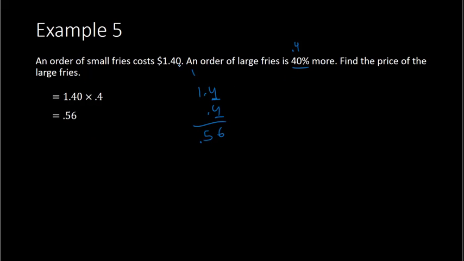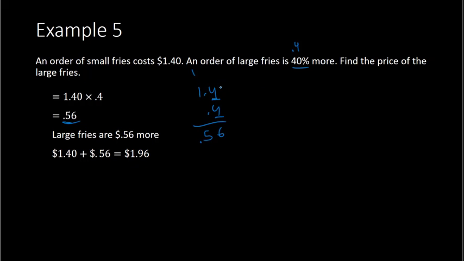Now that's 40% of $1.40. The question says that the large fries is 40% more. So I add that to 140. So I do 140 plus 56 cents. That would give me a total of $1.96.